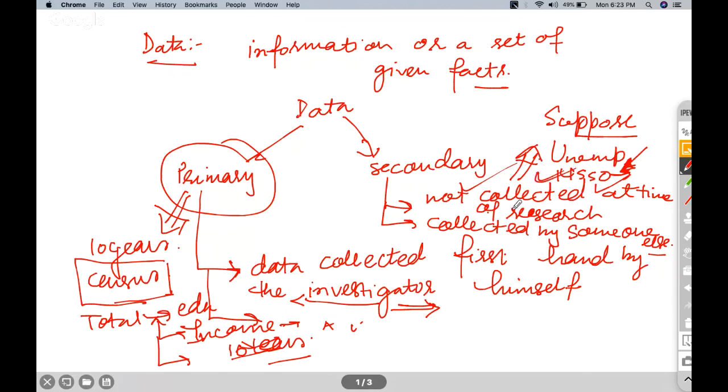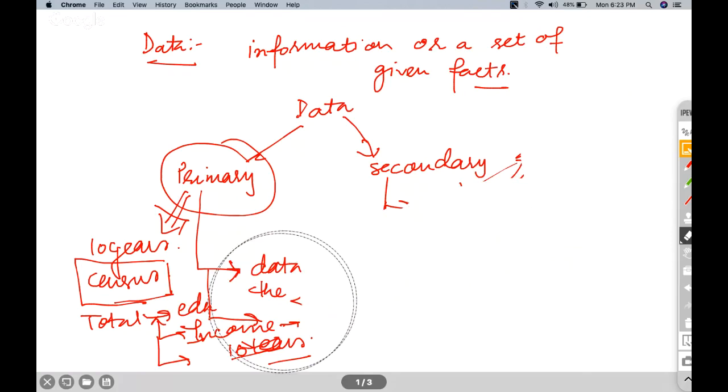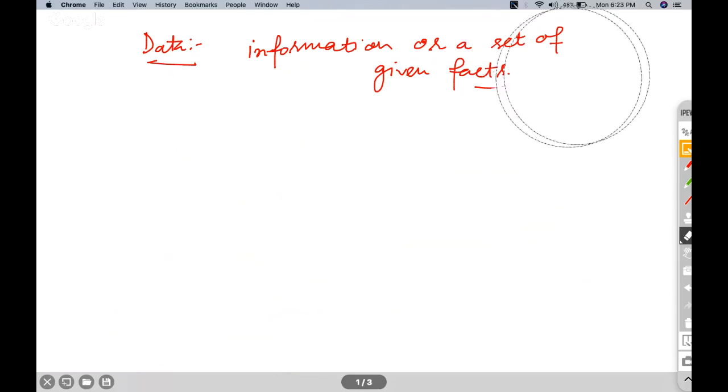I have nothing to do with the collection and analysis of data. I just find it from somewhere, quote the source, and then do my work with it. So I have already explained primary and secondary data to you. Now let me move to raw or ungrouped data.